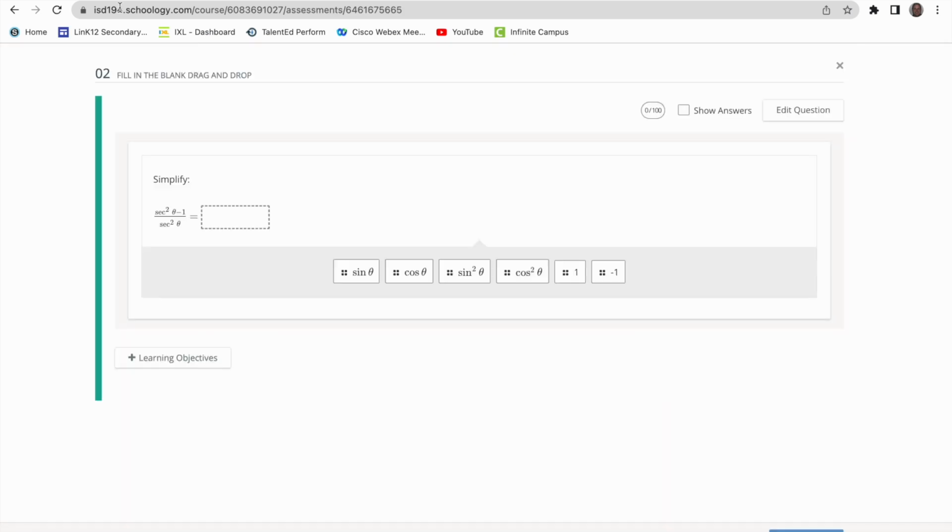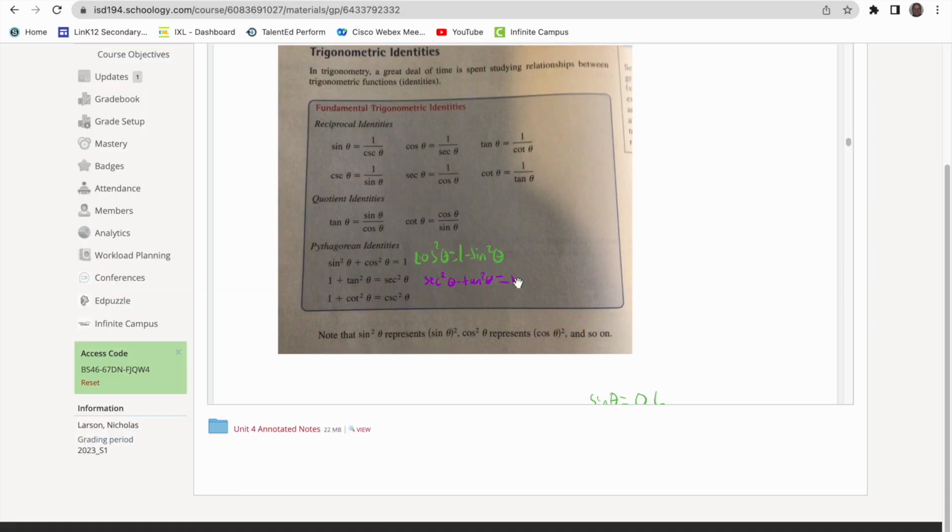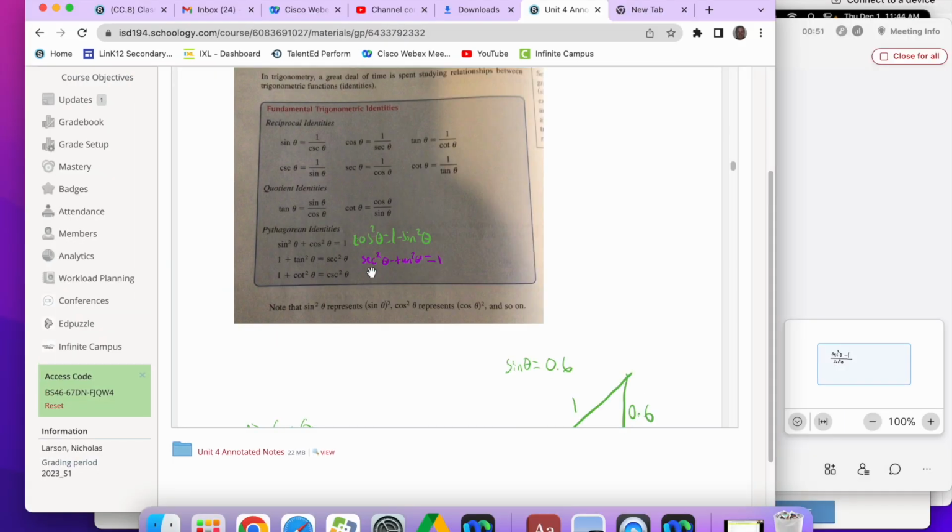Well, I could substitute this whole numerator for tangent squared theta. And then I'm just looking at, what is tangent squared theta divided by secant squared theta? I bet that's in our notes. I know that secant squared minus 1 equals tangent squared theta. So I'm going to go ahead and substitute that in.